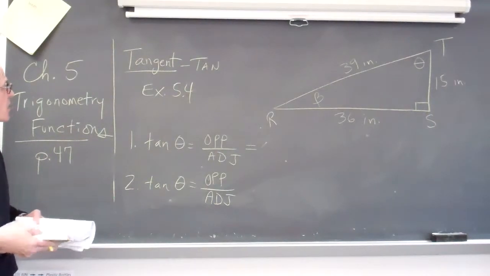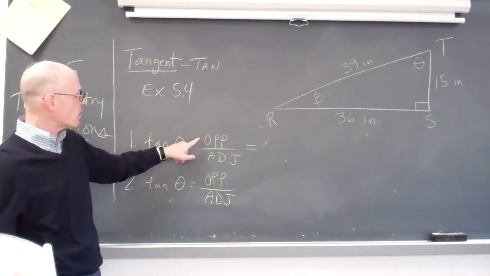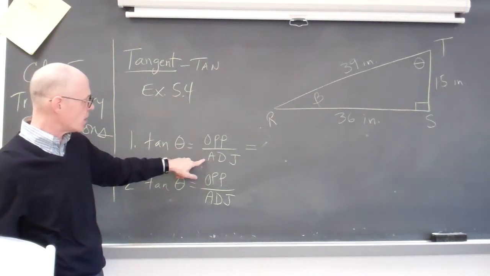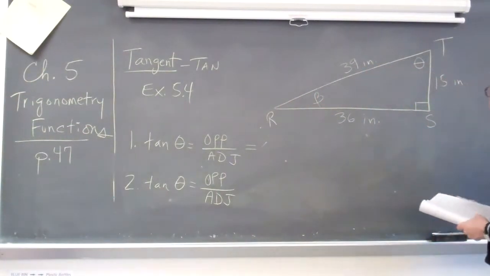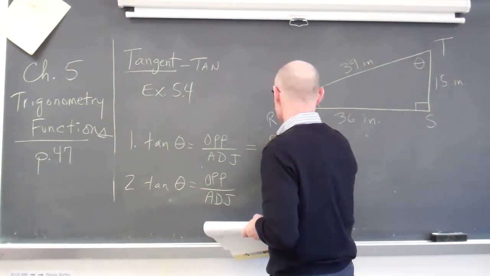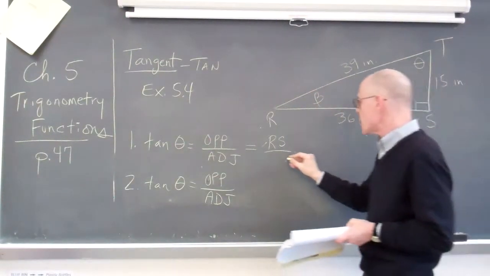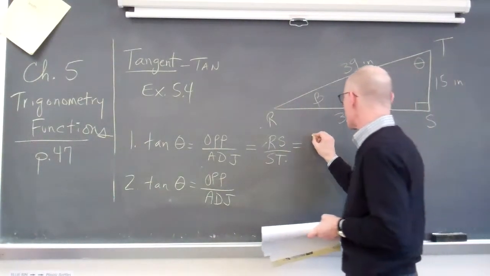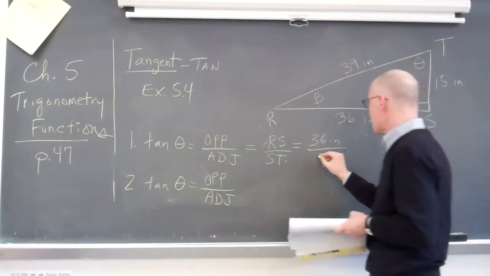All right, so let's continue with exercise 5.4. The tangent of angle theta is equal to the length of the opposite side divided by the adjacent side. Again, we're using abbreviations, OPP for opposite, ADJ for adjacent. For angle theta, the opposite side is side RS, and the adjacent side is ST. RS has a length of 36 inches, and ST is 15 inches.